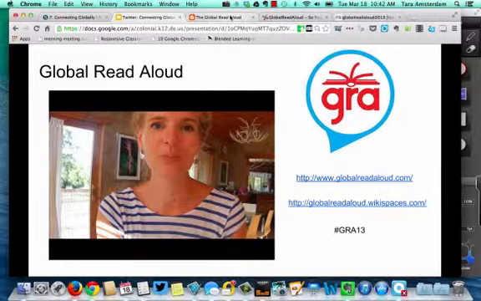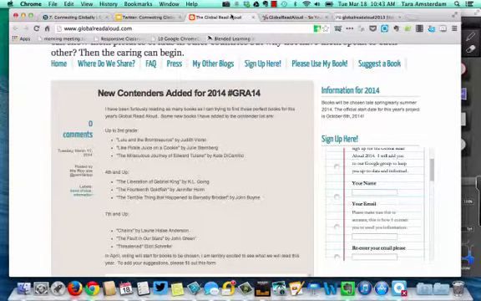So the first resource I'm going to show you is this one right here, globalreadaloud.com. This is where you're going to find the newest, most up-to-date information related to the Global Read Aloud. Right now on here they're talking about books for next year that are going to be a possibility. The Global Read Aloud takes place usually at the beginning of the school year, around September, through the following 6 weeks.